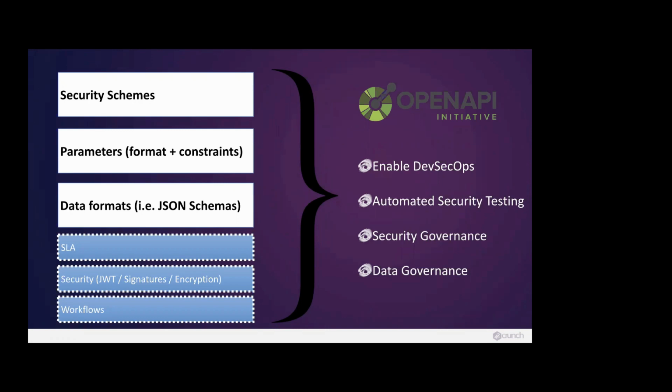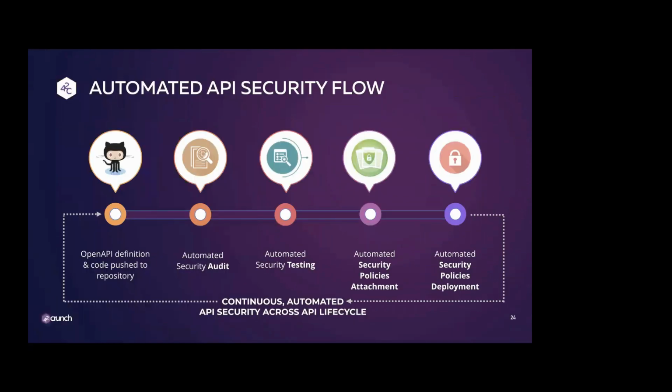So the idea is really to describe very thoroughly all the exchanges which are being done through the OpenAPI definition. And your developers use this today already to do all kinds of things: to do mockups, to do testing, like normal functional testing, right? To do documentation. There's a lot of things that they can do.